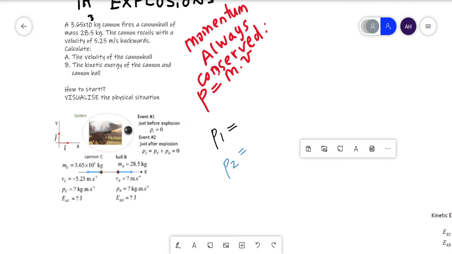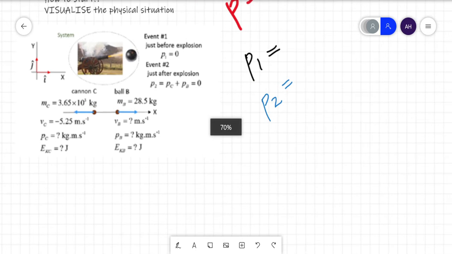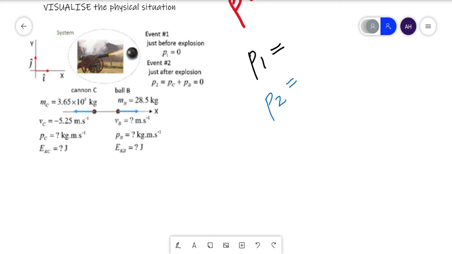Okay, so laying out all our data down here, if I move that up a little bit and blow that up, you can see next to the illustration of the cannon, we've drawn a little diagram. There's the cannon and the ball. Notice that over here we've got the momentum being represented in terms of arrows.